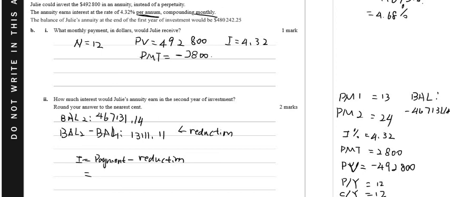And the payment in the first year is 2,800 per month, so the payment in the second year would be the same as well. So that's 2,800 times 12 minus the reduction over here. The answer will be this, so this is the final answer.